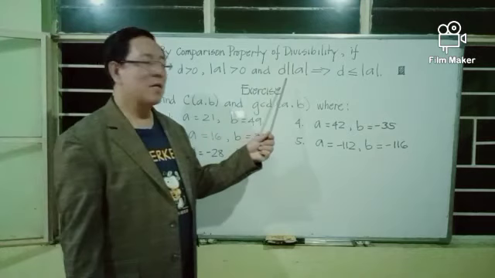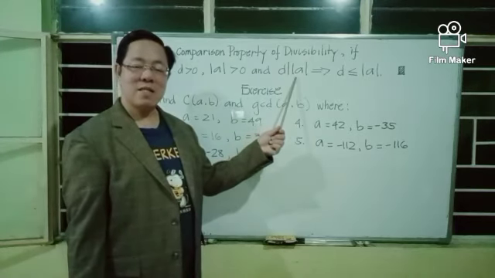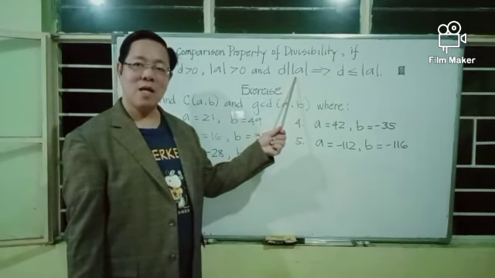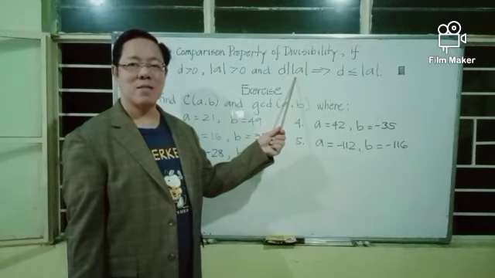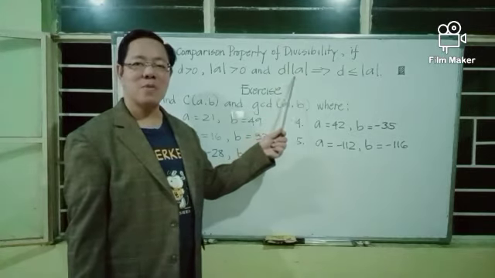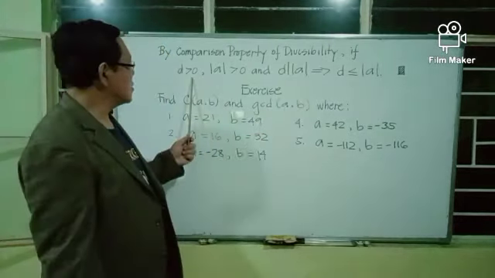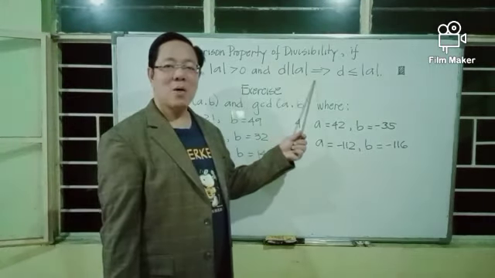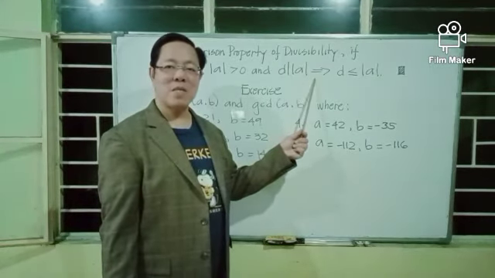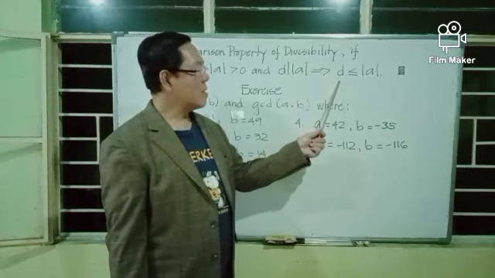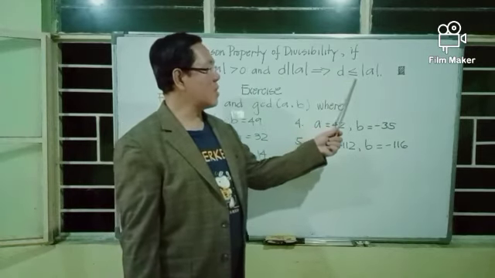And we have shown earlier that if A is not equal to 0, that is A either greater than 0 or A less than 0, B divides the absolute value of A. And using this, by comparison property of divisibility, we conclude that B is less than or equal to the absolute value of A.